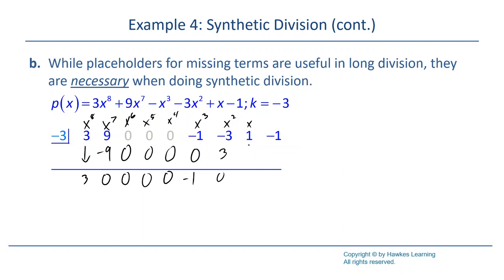Negative 3 times 0 is 0. Add 1 times negative 3 is, well, negative 3. And we end up with a remainder of negative 4.